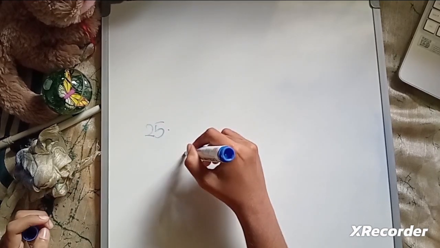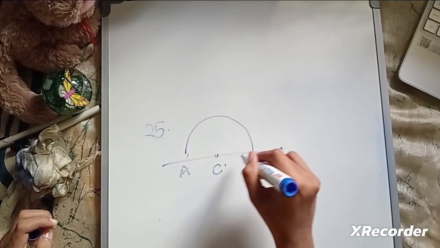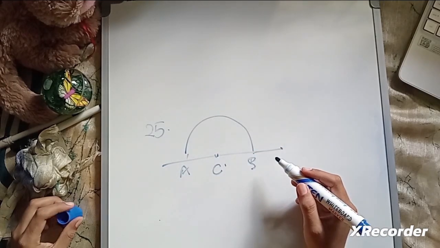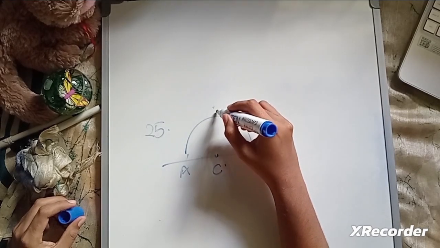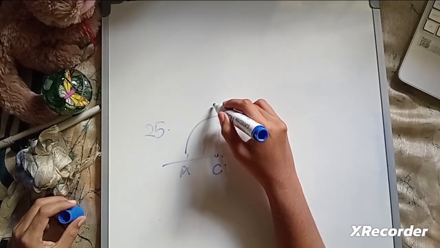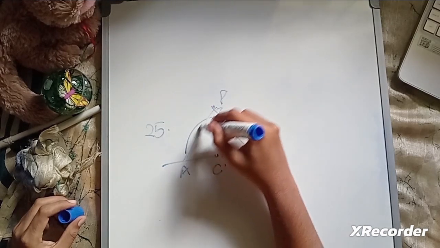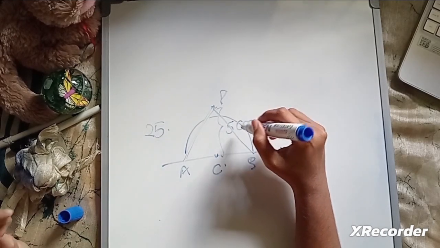So this is C, A and B. Point P should be 5 centimeters away from C, and these two lengths should be equal.